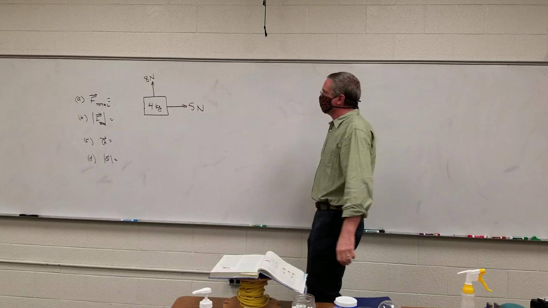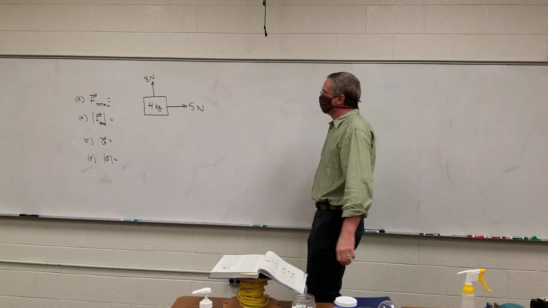So the total force is 5 newtons in the I hat direction and 8 newtons in the J hat direction. That's the total force right there. Again, this is rectangular form as opposed to polar form, for those who've come across that in math.